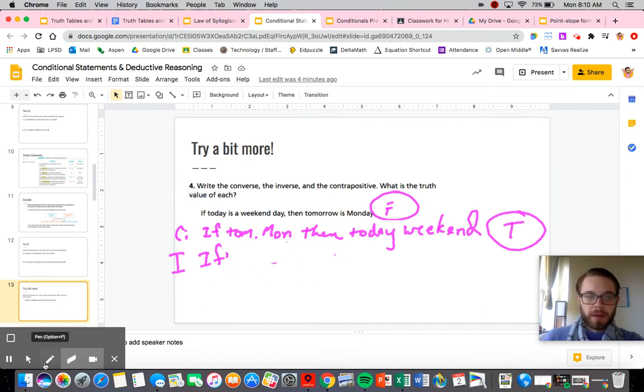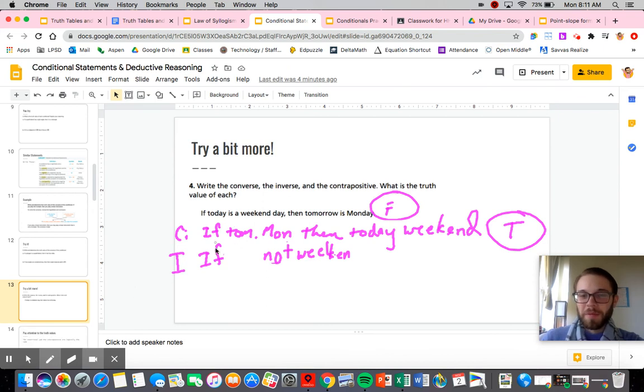I don't know what I was trying to write. Oh, shoot, not tomorrow. I'm sorry. If today, I was looking at my converse. That's the other thing you need to be careful of. When you write your inverse, you're basing it off the original, right?